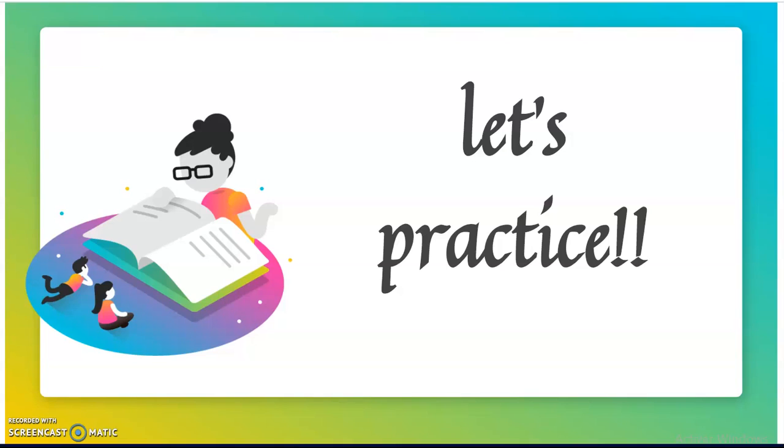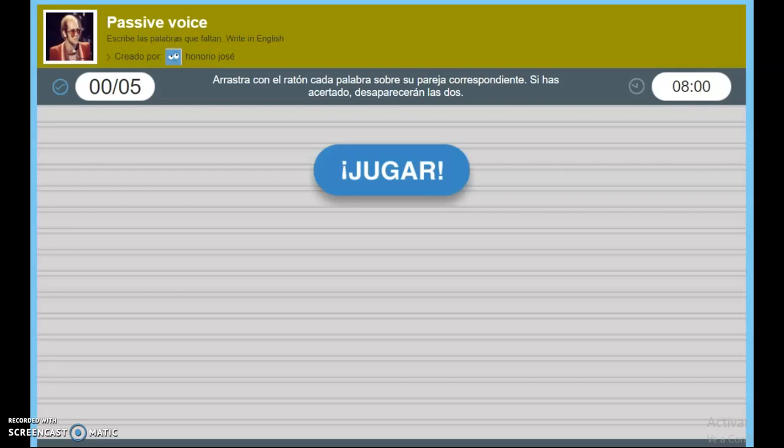Okay, in this part we are going to practice. Now let's do some exercises. Get ready. In this exercise, you have to match each word with its corresponding pair. And if you are correct, both will disappear.